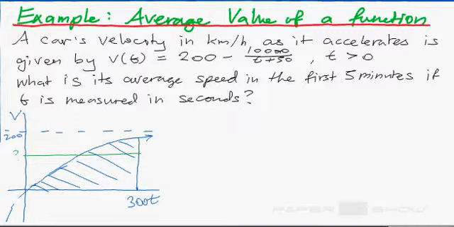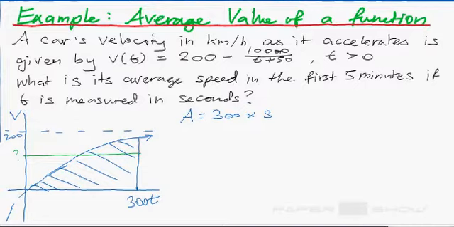What you're going to get is, the area is going to be 300, because the x-axis runs from 0 to 300, times some kind of speed. Now, that speed is something we don't know.